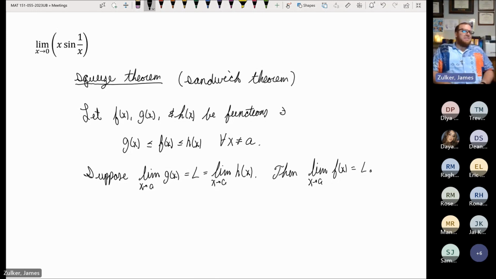So when we're looking at this function, x times sine of 1 over x, we want to try and find a smaller function and a larger function that have the same limit.